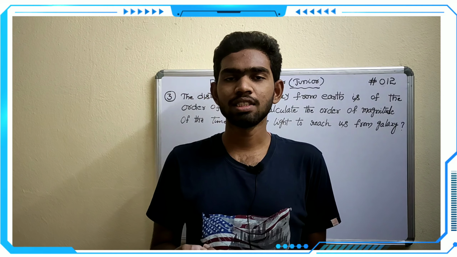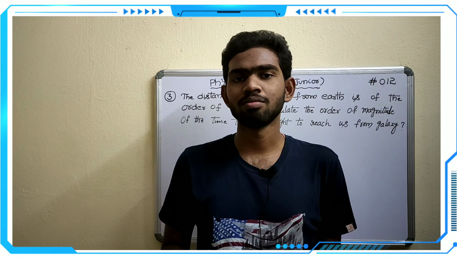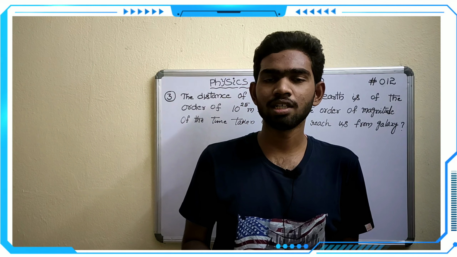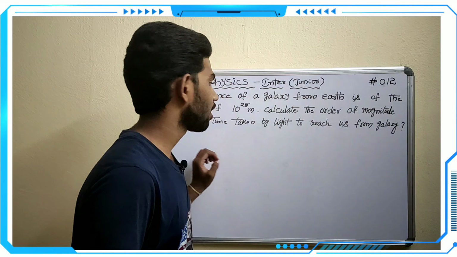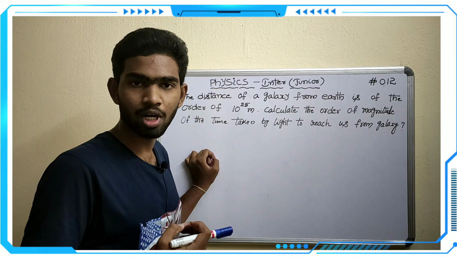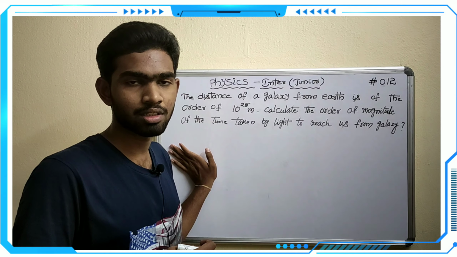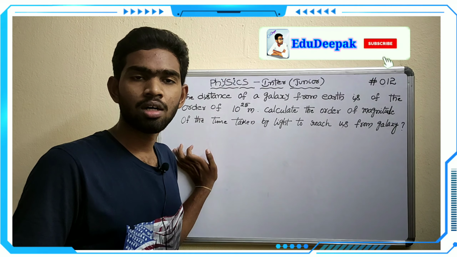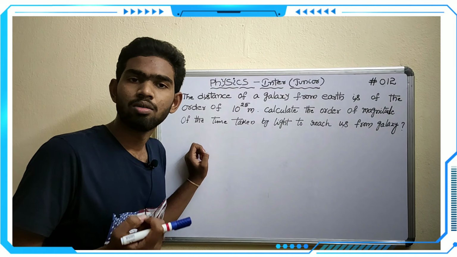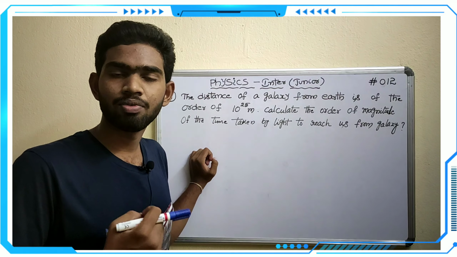So in this video I have started the problems in our series. So let us start our session. We have already completed the first 2 problems, and now the third problem.